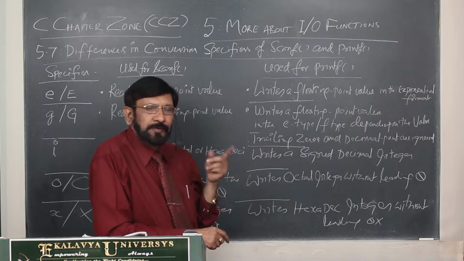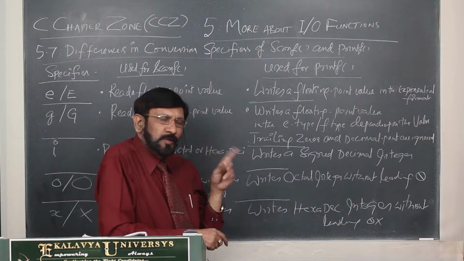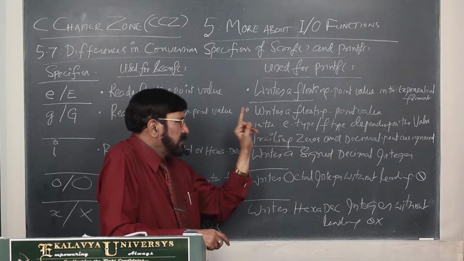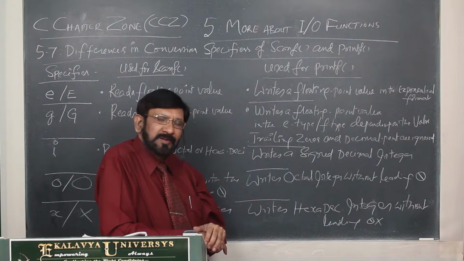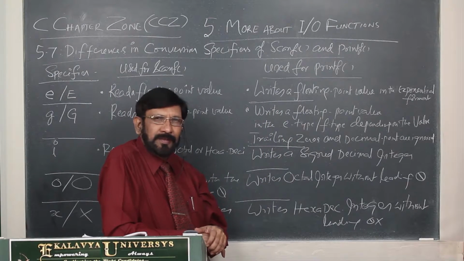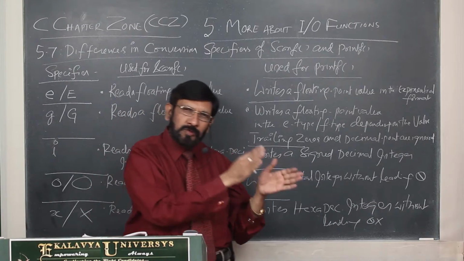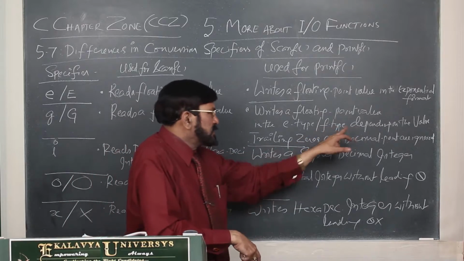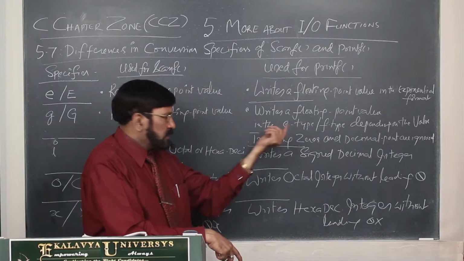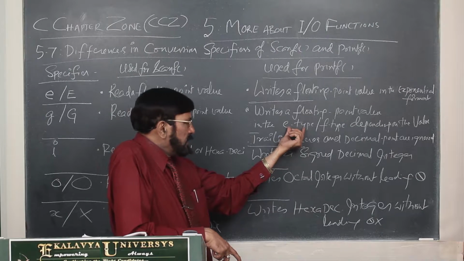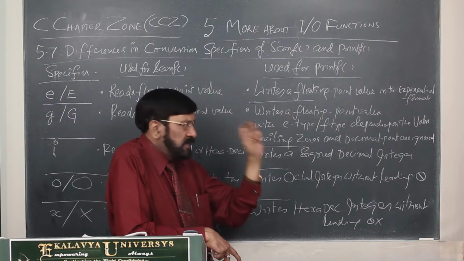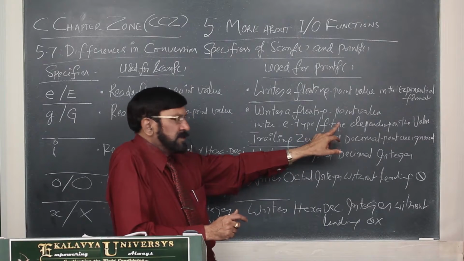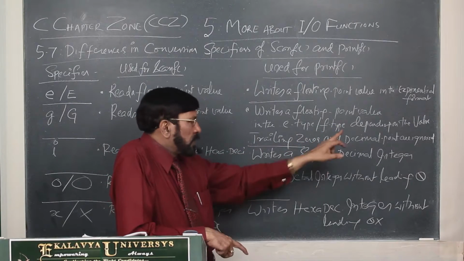Next, if you use percentage g, lowercase or uppercase, in printf it writes a floating point value in E type or F type. Actually, a certain range is prescribed. If the value is below or above that range, it is automatically converted and printed in exponential format; otherwise, if it is within the range, it is printed in floating point format.